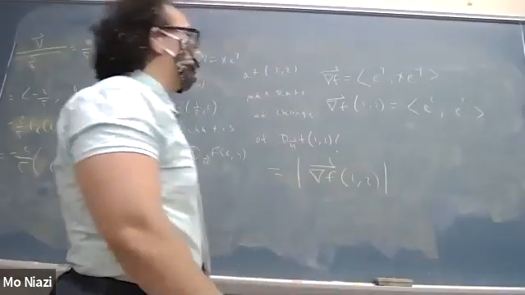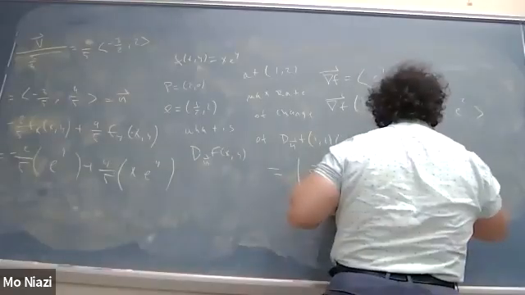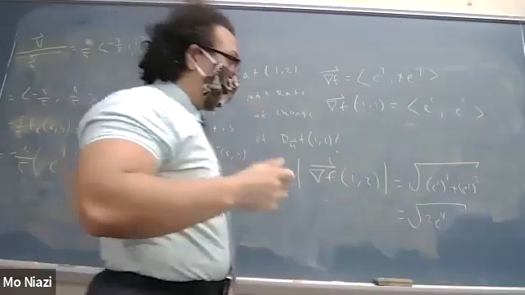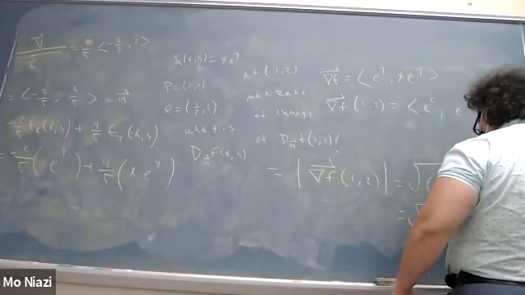For instance, I'm just picking (1, 2). So then this becomes e squared times root 2, for example.